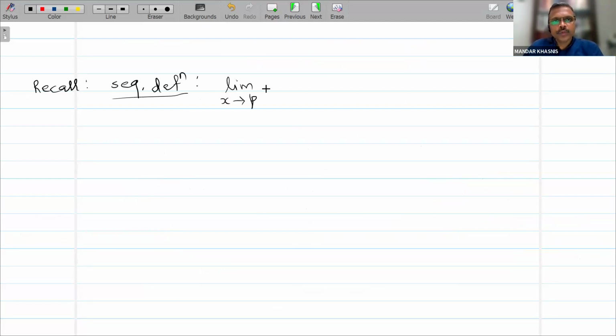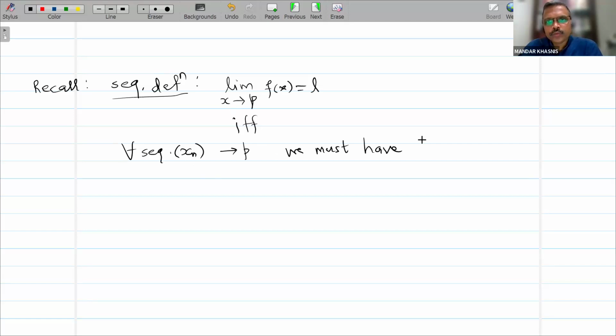Limit as x goes to p of f(x) is equal to L if and only if for every sequence xn converging to p, with of course the assumption that no xn is equal to p, because f of p is not defined, we must have, I'm writing in short, I hope you understand, the sequence f of xn should converge to L.